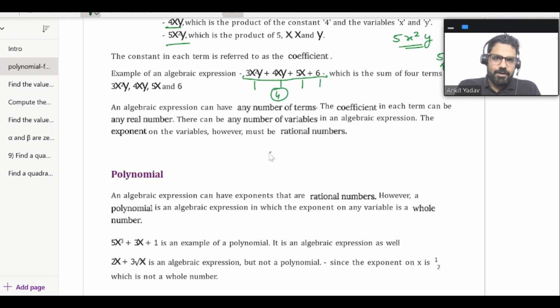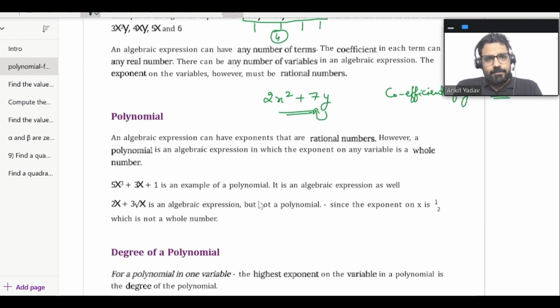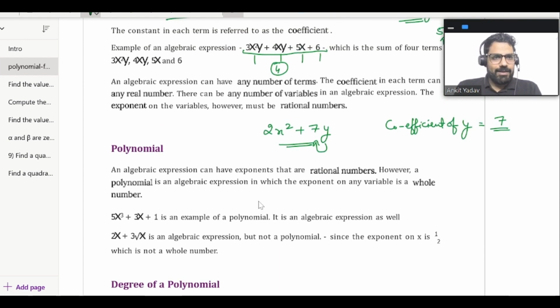If I'm having 2x square plus 7y, and someone is asking the coefficient of y, what is the constant with y? That is 7. So plus 7, no need to write the plus sign, right? So we can say it is 7 only. Clear or not? So basically, a coefficient is having a negative or positive sign with it, right?